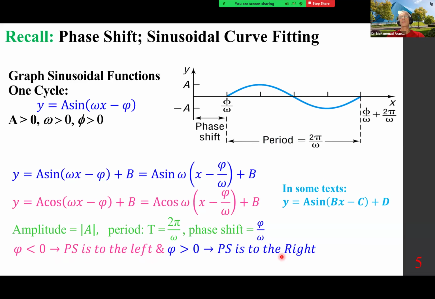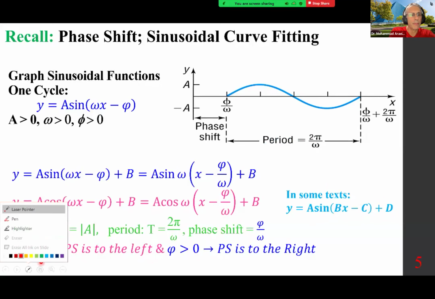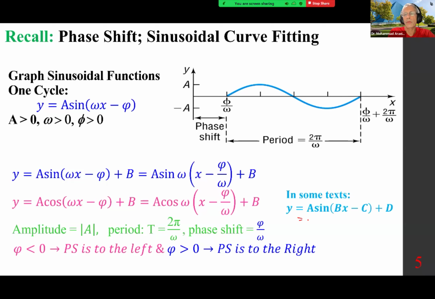In some texts, including this text, they may use the format y equals a sine of bx minus c plus d. So you have to find a, b, c, d. And of course, whenever you have these parentheses, you take the b out, and you rewrite this as a sine of b times x minus c over b, plus d, and this becomes the phase shift.